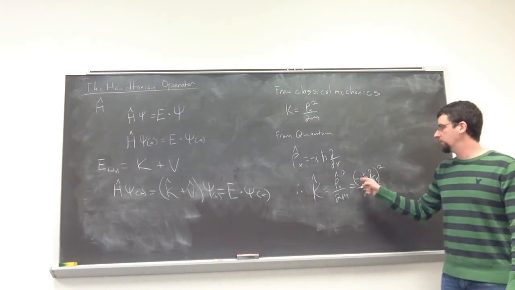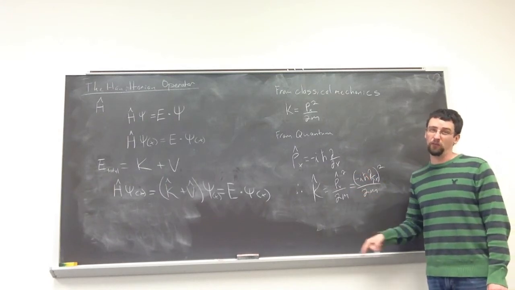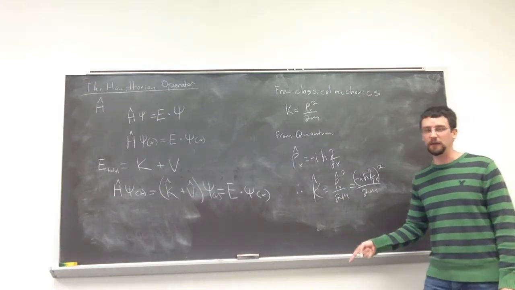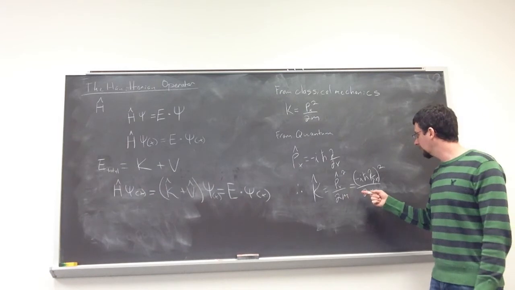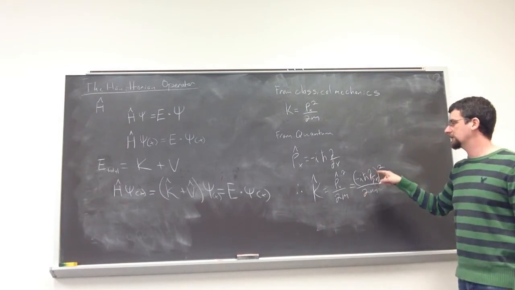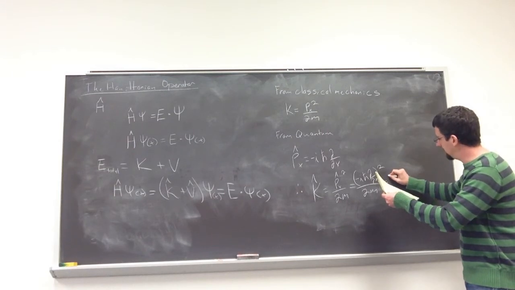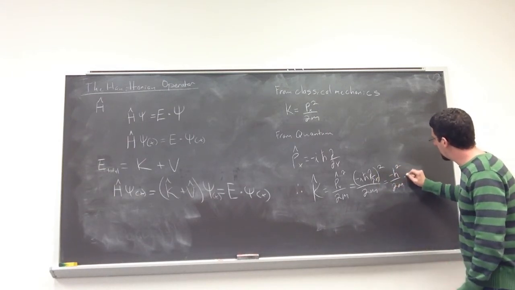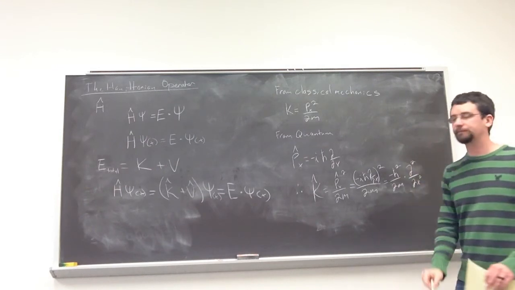Okay, so we have negative 1 squared that results in positive 1. We have i squared, which is negative 1, excuse me. So if we square that, we result in a negative 1 value, and then we have this differential which we're just going to square. So what the result ends up being is negative h bar squared over 2m times the second derivative with respect to x.